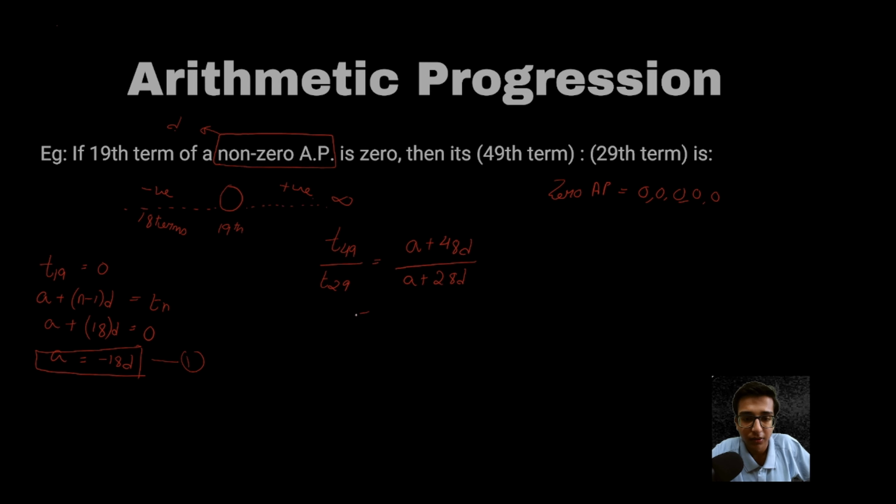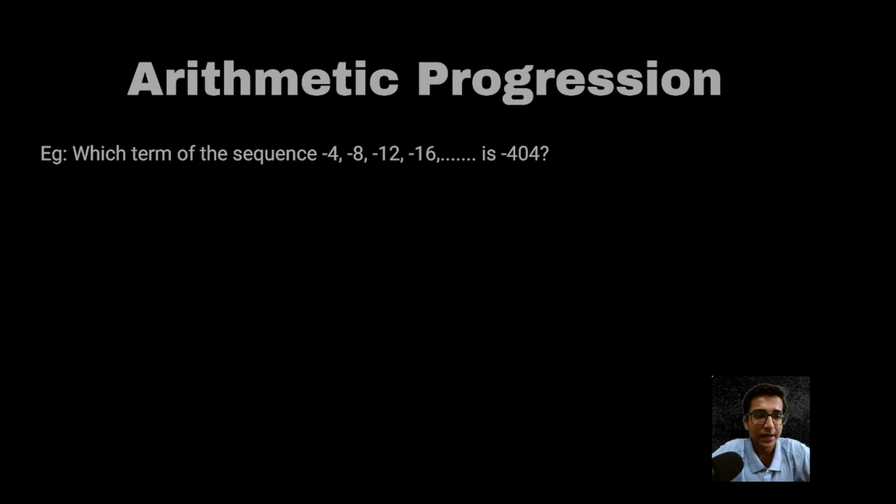We would get minus 18D plus 48D upon minus 18D plus 28D. Upon solving, we would get 30D upon 10D. D and D get cancelled, 0 and 0 get cancelled, and we get the ratio to be 3. So this is our answer. An easy question. Now let's look at another example.